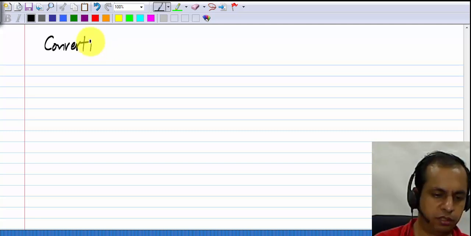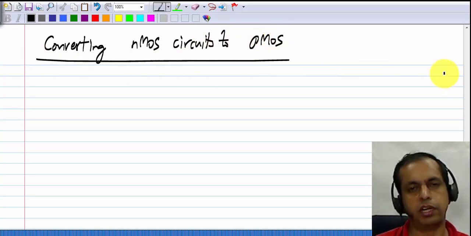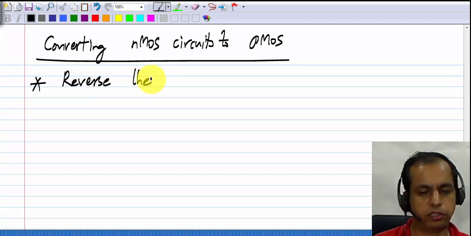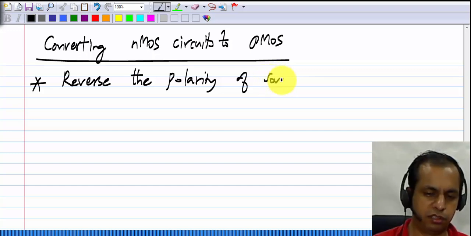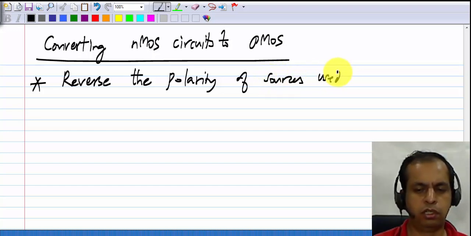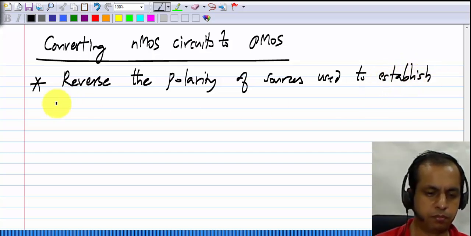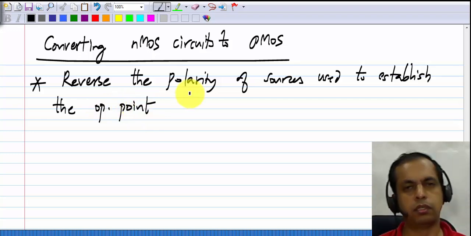So to convert NMOS circuits to PMOS, obviously the functionality will be exactly the same. You reverse the polarity of sources used to establish the operating point.